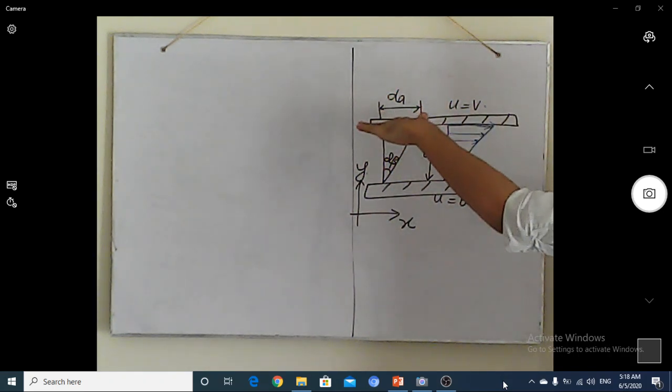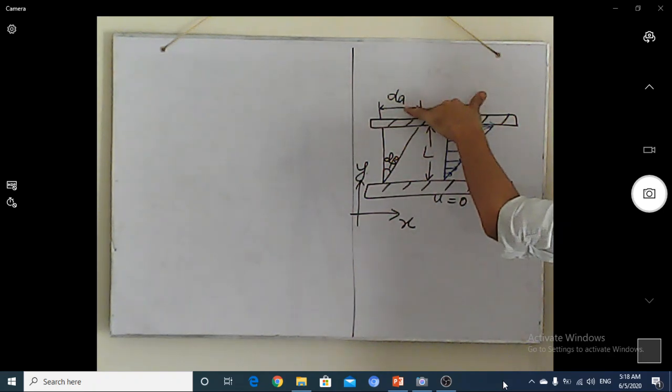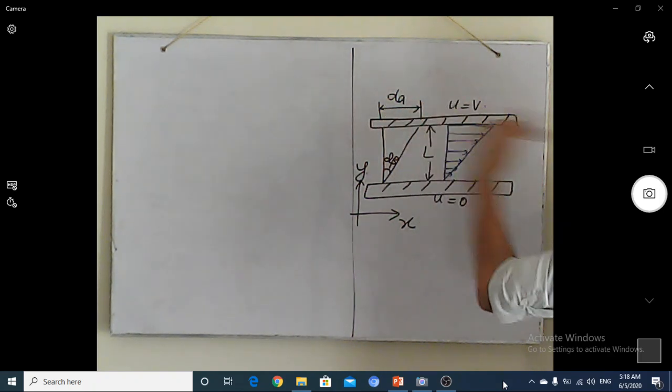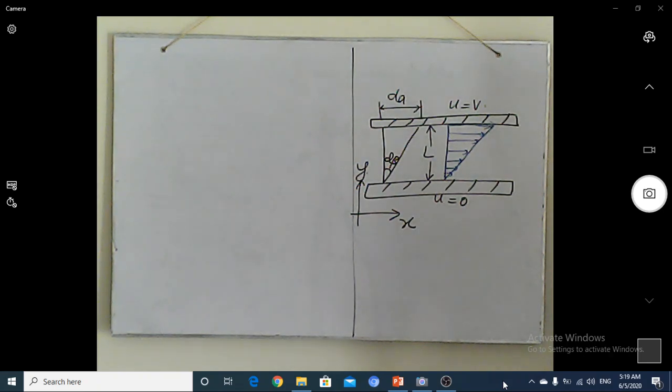Definitely the force applied by the upper surface is from left to right, due to which the liquid undergoes this type of velocity gradient. So what exactly do I mean by the velocity gradient? Let's suppose we can say here that the velocity u is a function of y.